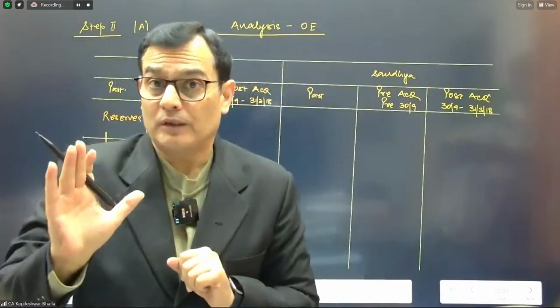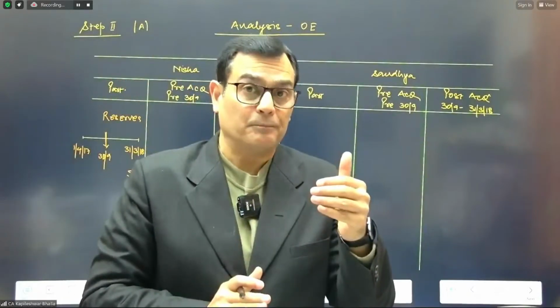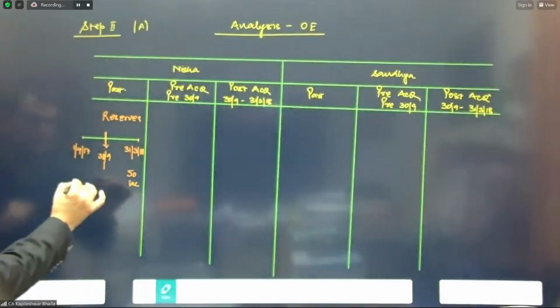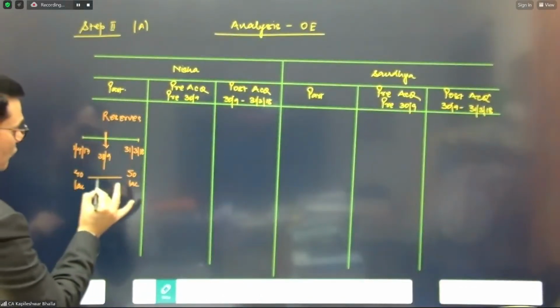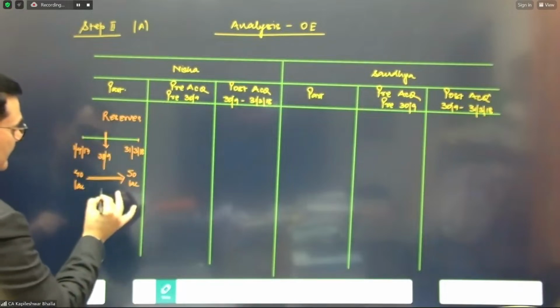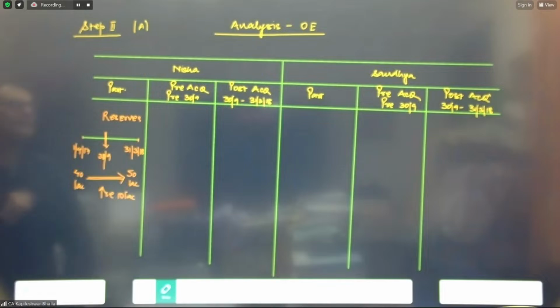Mind you, it is not the position on date of acquisition, but it is the position at the beginning of the year. And that is given to me, it is 40 lakhs. So we can see the movement during the year is that there is an increase to the extent of 10 lakhs, which is a movement during the year.